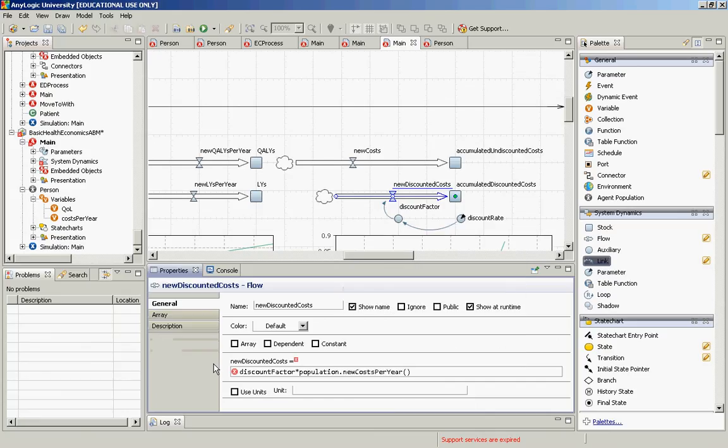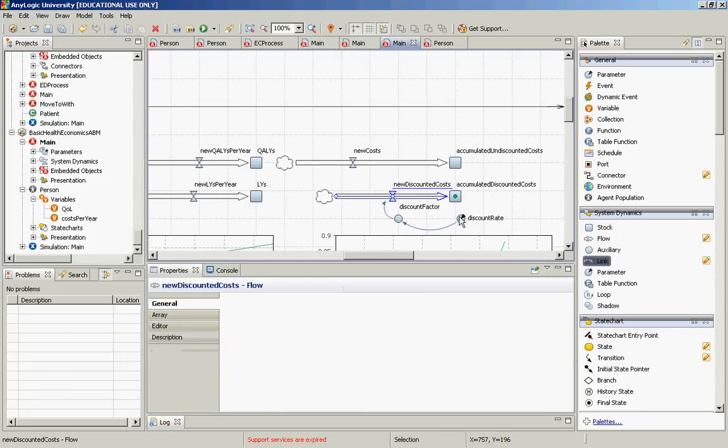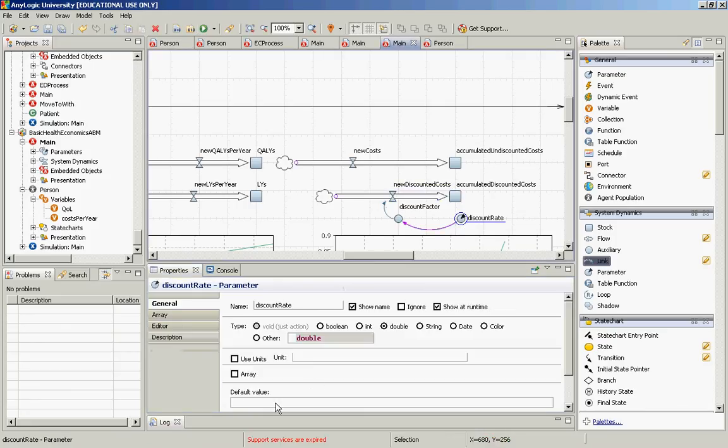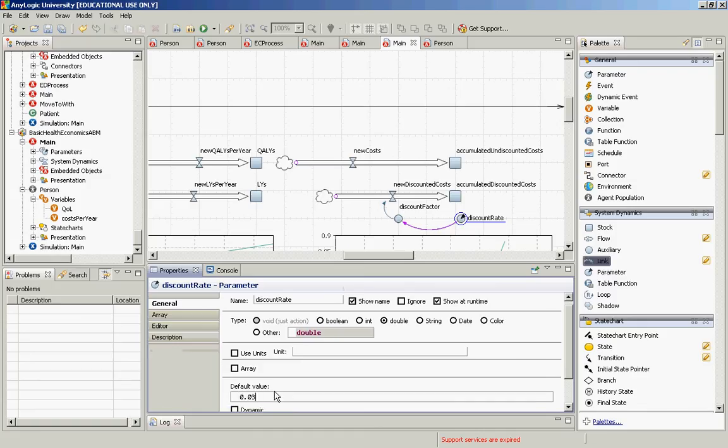So new costs up here, undiscounted costs, only takes this into account, whereas this new discounted cost needs to multiply it by a discount factor. Now, we'll specify a default discount rate according to convention, common in certain areas of the world, as 3%.